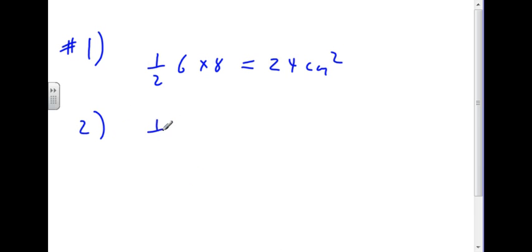So, problem number 1, we want the area of the triangle. So 1/2, 6 times 8, 3 times 6, 24 centimeters squared is the area. 1/2 the base times the height. 12 times 11. 132 centimeters squared.